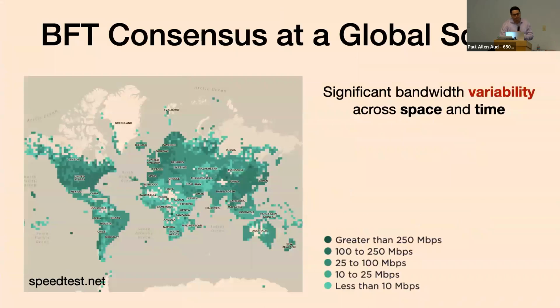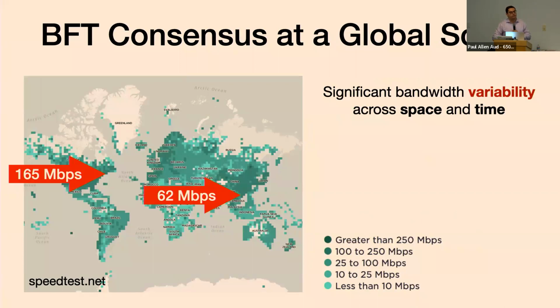So to set the stage for this, many blockchains need to deploy consensus protocols at internet scale across different networks around the globe. These networks can exhibit significant variability in bandwidth, both across nodes and across time. On any given day, say a node on the East Coast in the United States may be faster than a node in Southeast Asia.